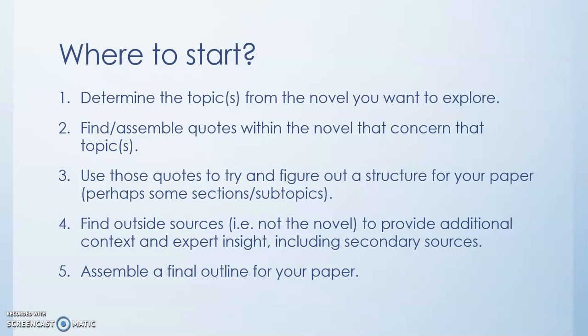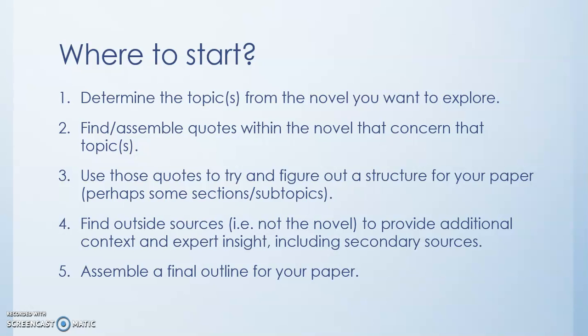All right, so once you have your quotes, you've kind of figured out how those quotes fit together and ordered events and things like that. You're going to need those contextual sources. So that's step 4, find outside sources to provide additional context and expert insight, including secondary sources. So these are other literary critics. This is historical information. This is social theory, sociology. This is psychological theory.